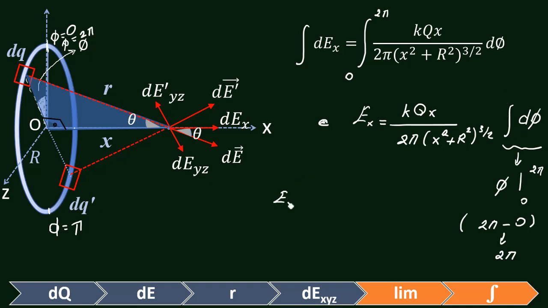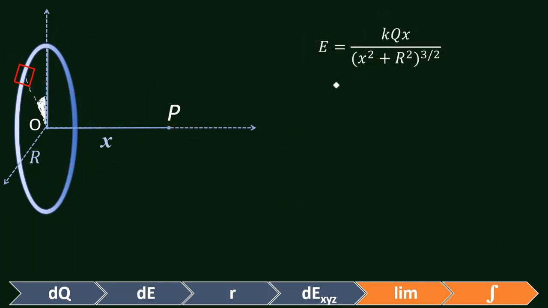We have an Ex that is kQx, all right, over, well, this is 2 pi. We have 2 pi in the denominator, so they cancel each other off. We have x squared plus r squared in the denominator to the power 3/2. And this is our Ex.